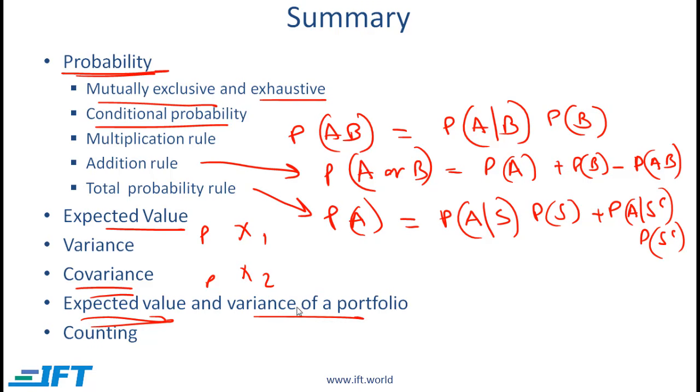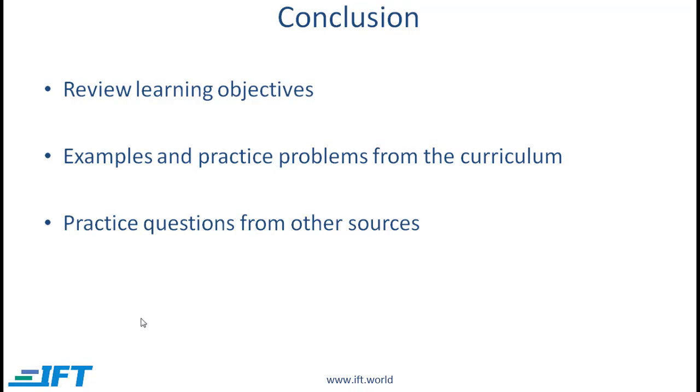Variance of a portfolio involves knowing the covariance between the different elements of the portfolio, the weightage of each element, the standard deviation of returns, and so on. And then finally we talked about counting, which involved permutations, combinations, and labeling. This is fairly straightforward.